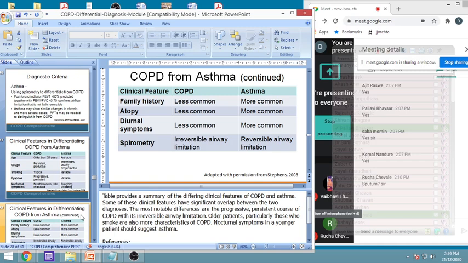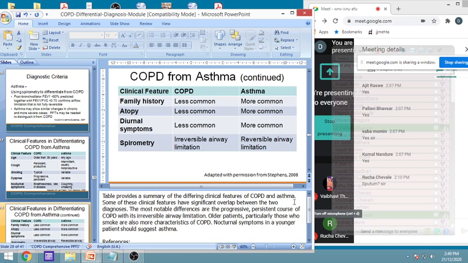Then atopy is less common in COPD while it is more common in asthma. Diurnal symptoms are less common in COPD, while they are more common in asthma. On spirometry, COPD shows irreversible airway limitation, while in asthma it is reversible.